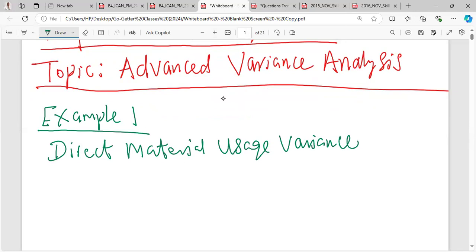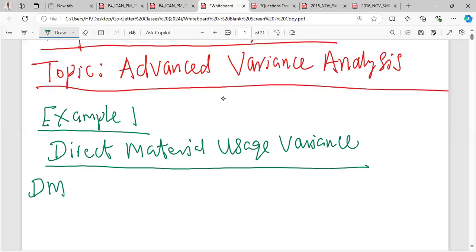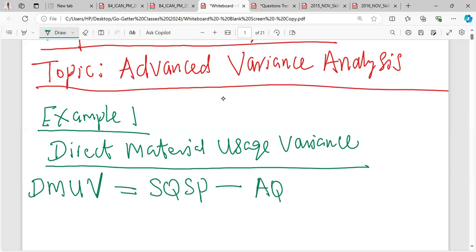Now, what's the formula? So I will say direct material usage variance is standard quantity, standard price, minus actual quantity, standard price.